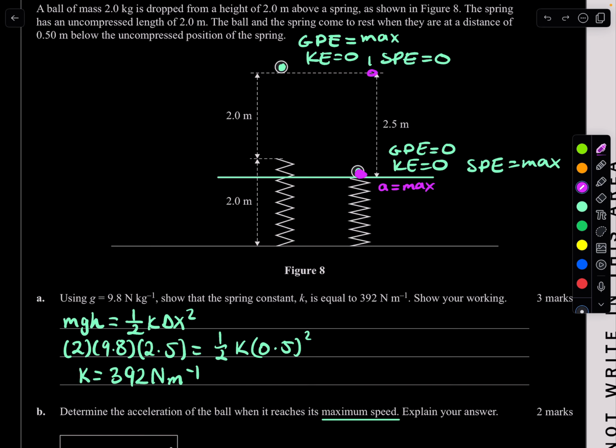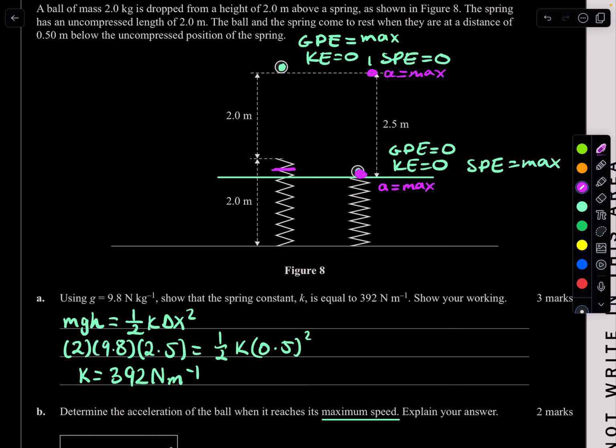And at the top, it will also have its maximum acceleration, because it wants to go down. So the maximum speed is around the point halfway between those extremes.